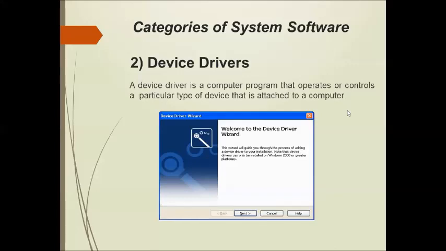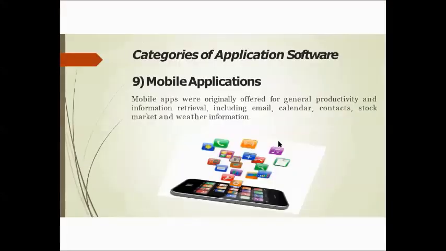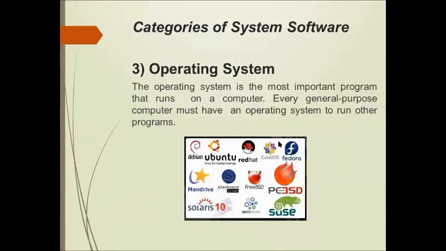Okay, the next category, we have the operating system. So ito, operating system, ito yung mga ginagamit natin. Useless ang isang computer kung wala siyang operating system. So kahit cellphone, meron na rin operating system. So the operating system is the most important program that runs on a computer.